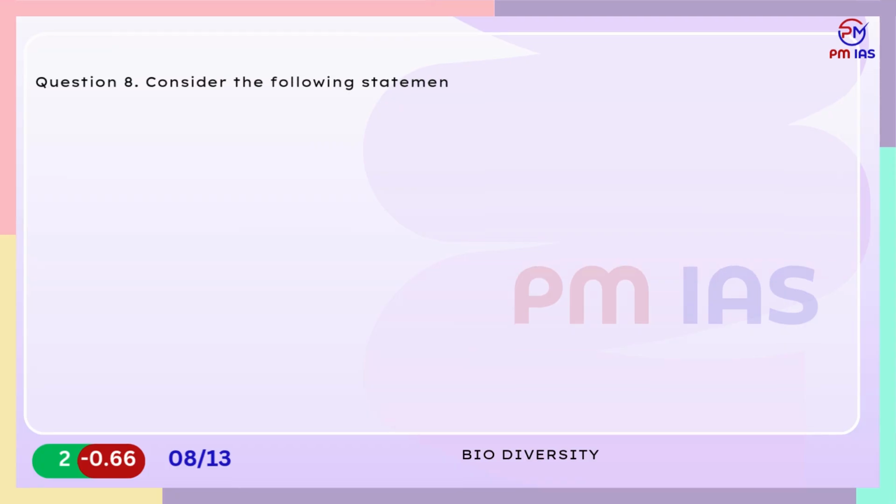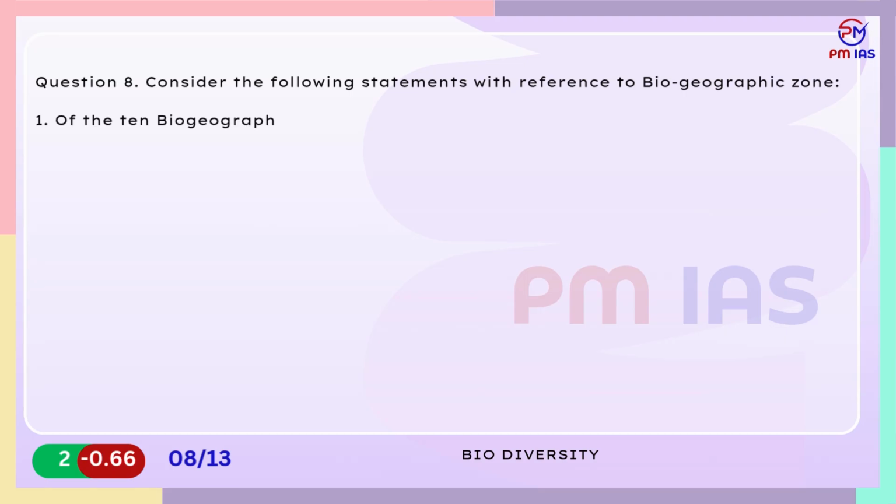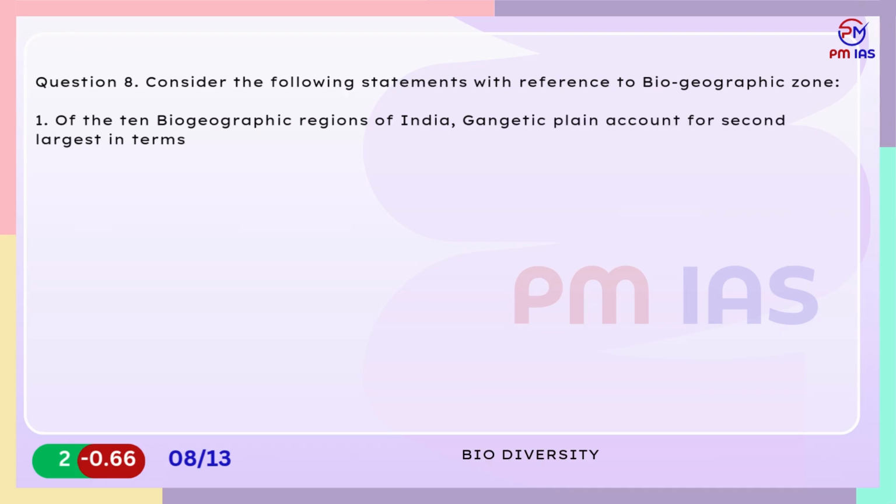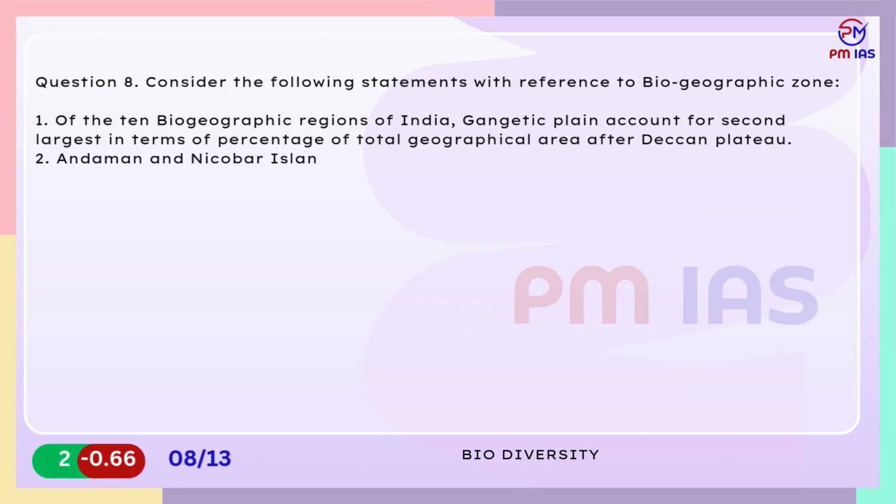Question 8. Consider the following statements with reference to biogeographic zones. 1. Of the 10 biogeographic regions of India, the Gangetic Plain accounts for the second largest in terms of percentage of total geographical area after the Deccan Plateau. 2. Andaman and Nicobar Islands show high endemism in terms of flora and fauna. 3.